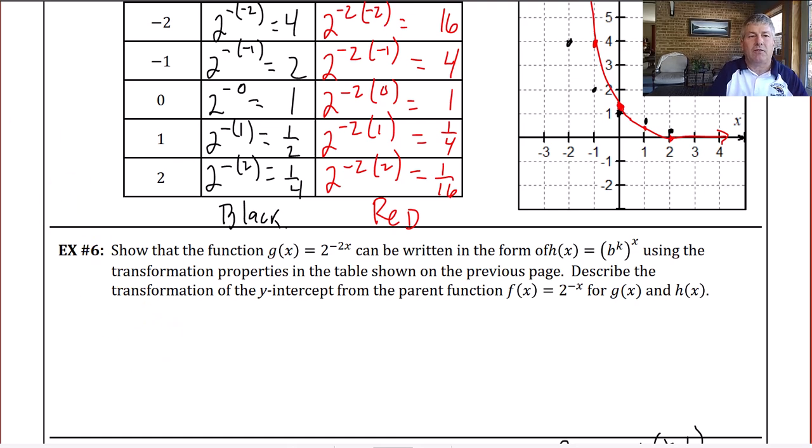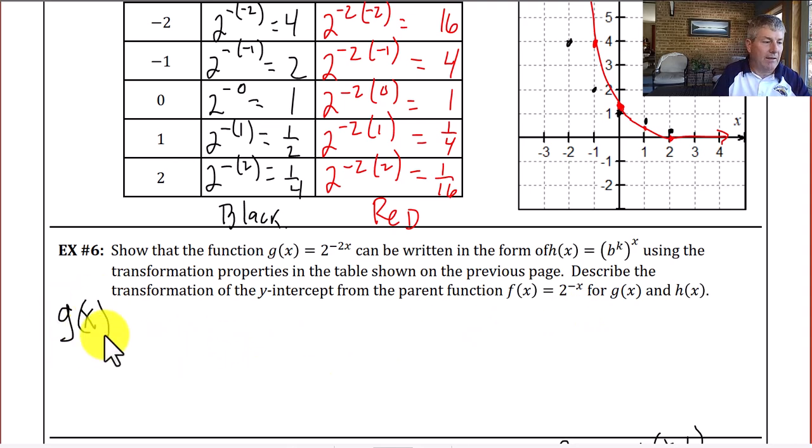So in example 6, they asked us to show this algebraically. How is this going to work? Our function g of x equals 2 to the negative 2x can be written in the form h of x equals b to the k, raised to the x, using the transformation properties shown in the table that I just showed you. Describe the transformation of the y-intercept from the parent function for g of x and h of x.